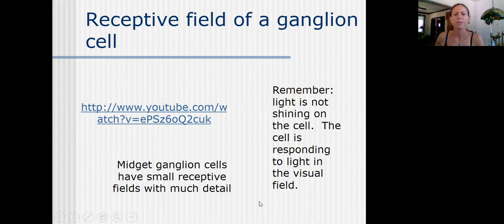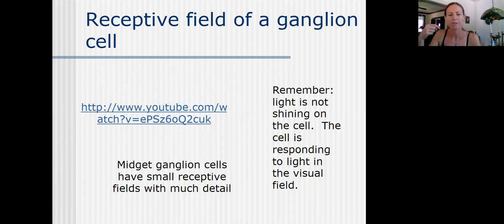And you can learn more from watching this video here and get a feeling for what that is. The receptive field of a ganglion cell sometimes is very, very small, especially if it responds to color and it's connected to a cone. So when we have those one-on-one connections, so you have the cone connected to one bipolar, connected to one ganglion cell there, we call that a midget ganglion cell.